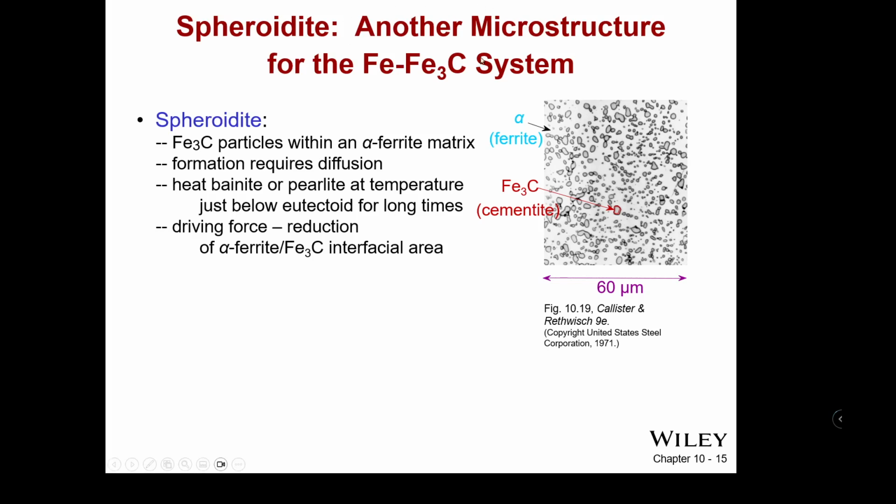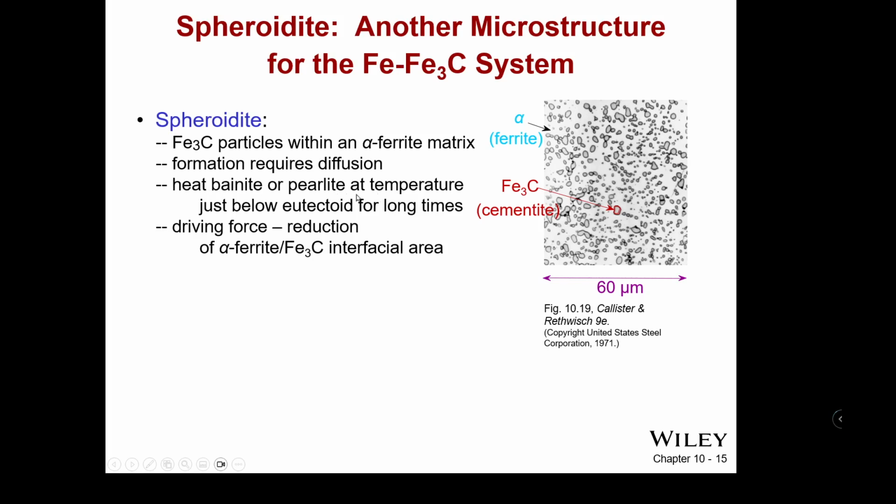There's also a microstructure called spheroidite. Spheroidite. Say that several times fast. It'll get you really into some neat parties. It's iron carbide particles in a ferrite matrix. Formation is a function of diffusion.